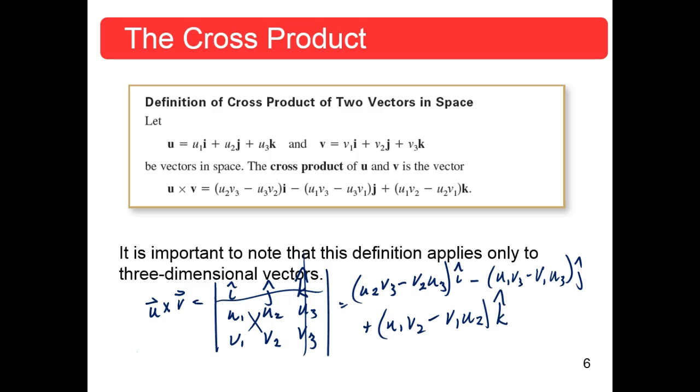You've got a vector with I, J, K components. And what's not obvious to you is this vector happens to be perpendicular to both U and V. You can't see that looking at this, but indeed it is.